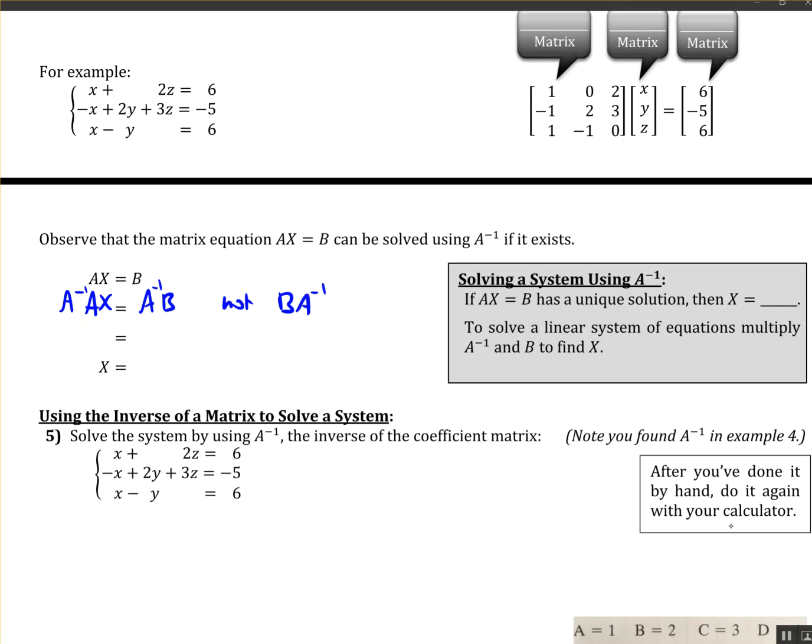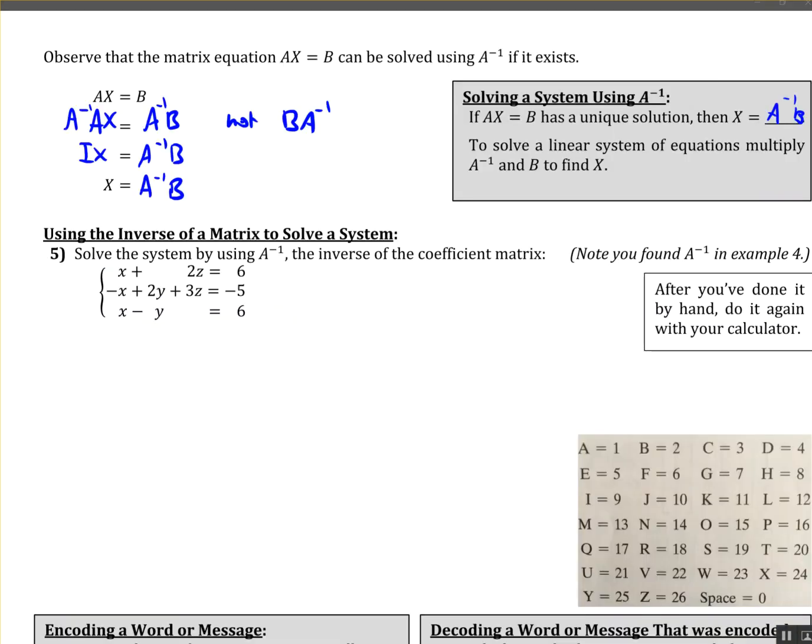Now A inverse times A is just the identity matrix, and then the identity matrix times X is just X. So I get X equals A inverse B. So if AX equals B has a unique solution, then X equals A inverse B. So the short answer is multiply on the left by A inverse, and we've got our answer.